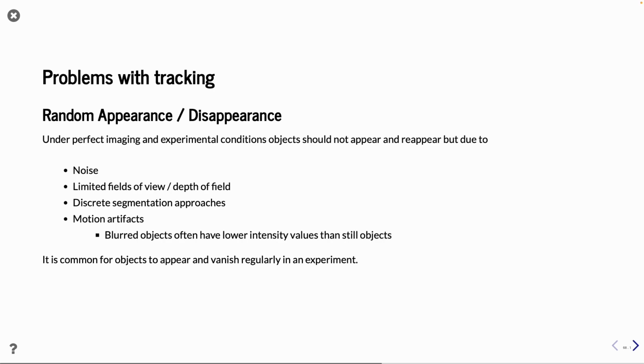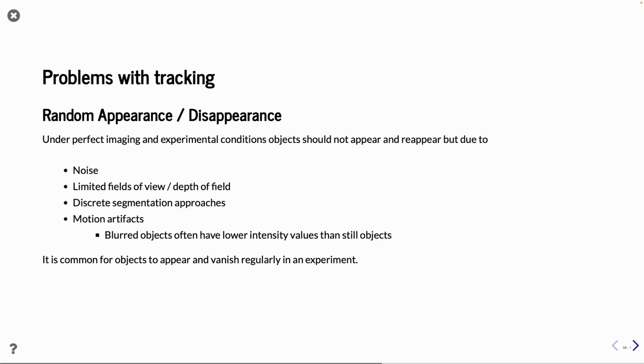Of course, we also have motion artifacts that make it blurry and harder to detect which items are the right ones. And sometimes items can just disappear for some reason. Maybe it dies, or maybe it's burnt out, or something like that.